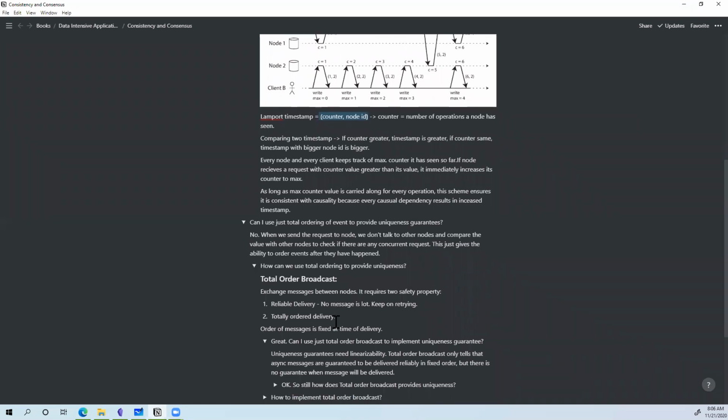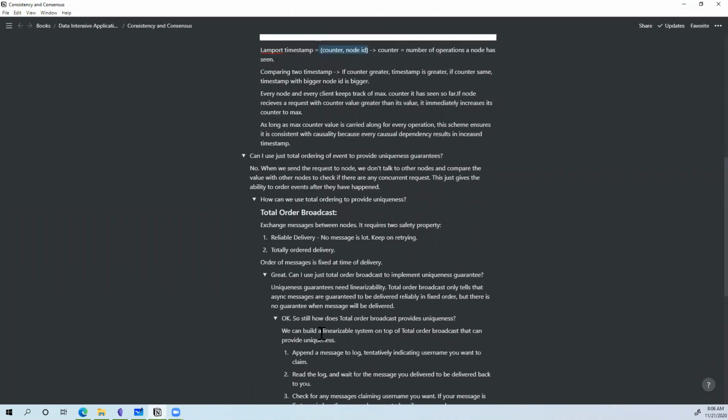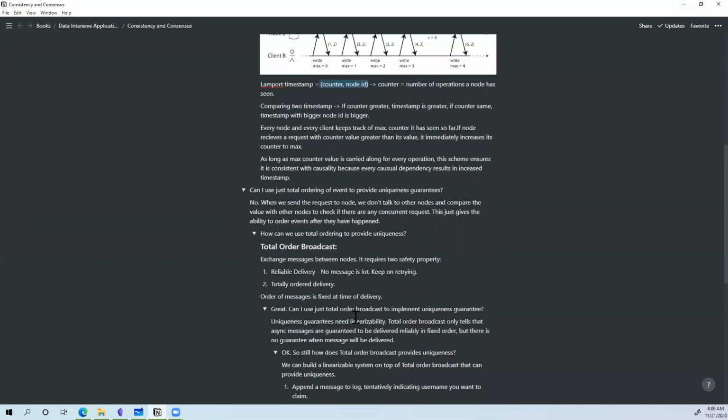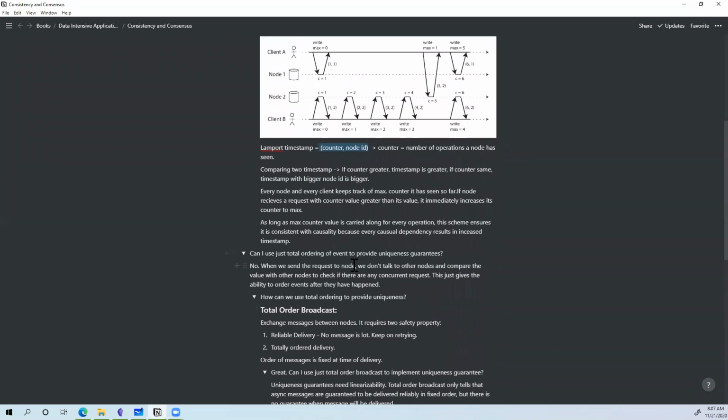But we can use total order broadcast and build something on top of it to provide uniqueness guarantees. So what is that? Let's take the example of a unique username.